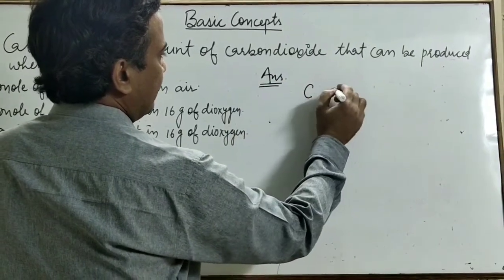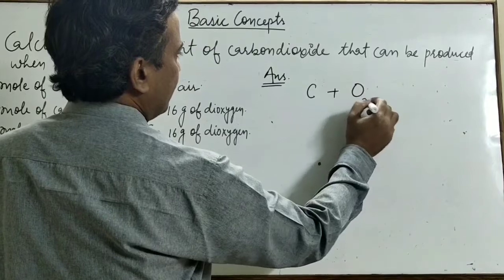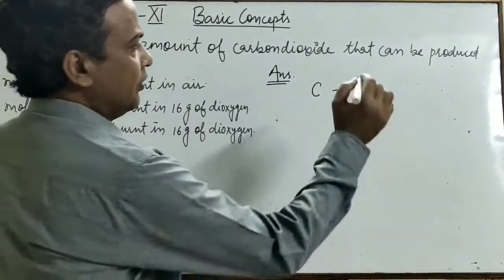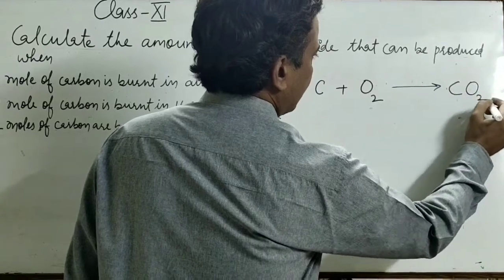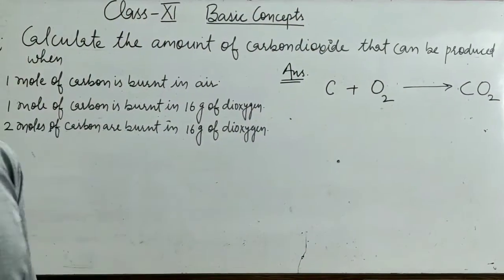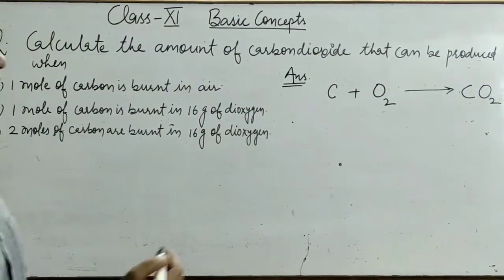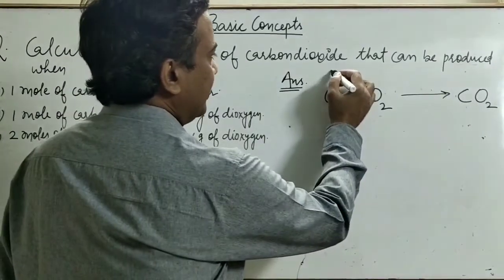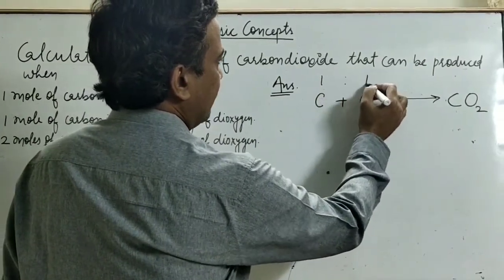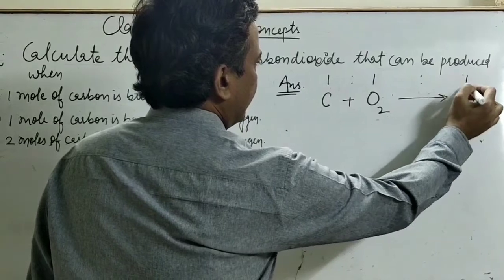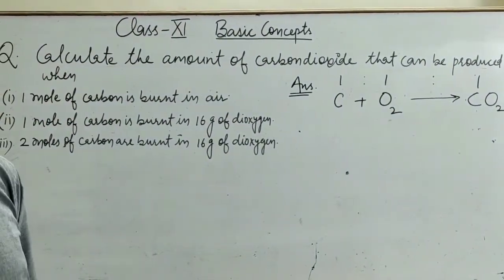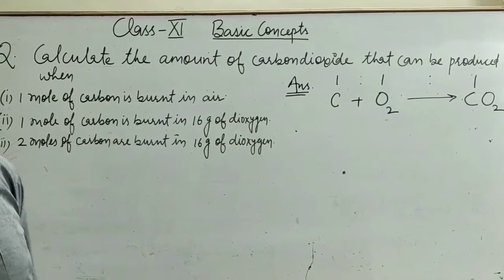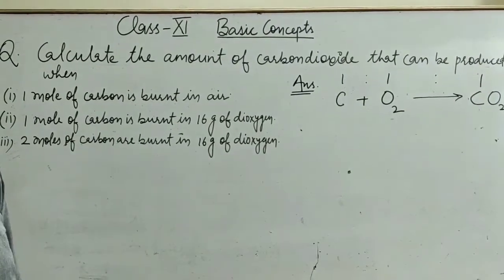Carbon reacting with dioxygen, O2, to give CO2, carbon dioxide, and this is a balanced reaction. Stoichiometric coefficients of these reagents are 1, 1 and 1. It means 1 mole of carbon will react with 1 mole of oxygen to give 1 mole of CO2.